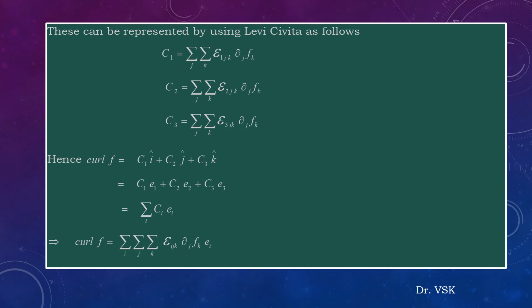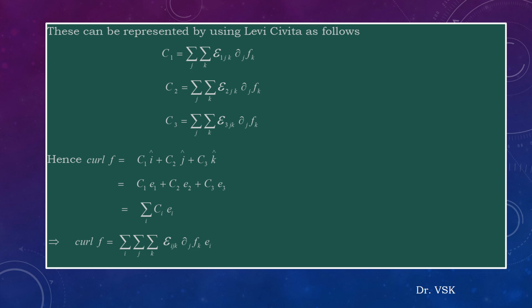So we are forced to substitute k equal to 3 only. So this second term becomes epsilon sub 123 ∂2 F3, because in epsilon 123 the indices are in the cyclic rotation, its value is 1. If we substitute epsilon 123 equals 1, the second term becomes ∂2 F3 only.